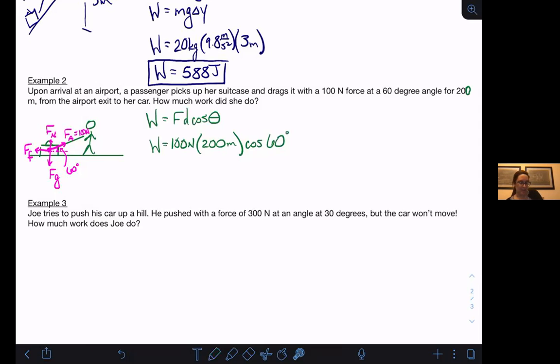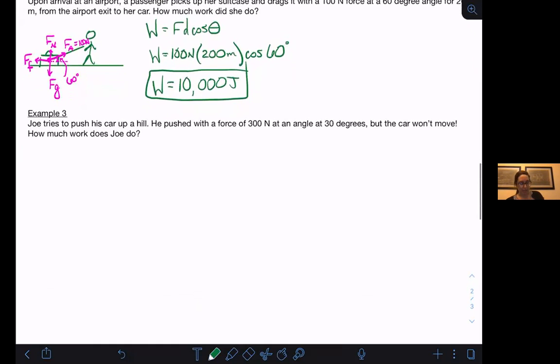Because that 60 degrees is going to make it so that only the x component of the force is going to matter. So we love that. And if I put this all into my calculator, then I know that she does 10,000 joules worth of work to drag her suitcase out to her car.